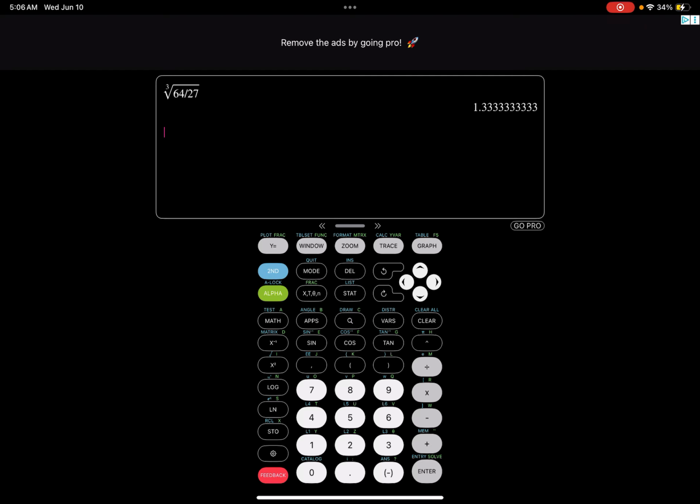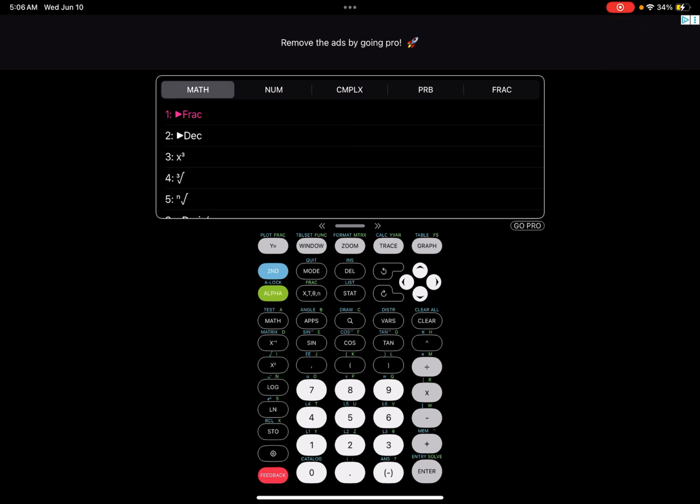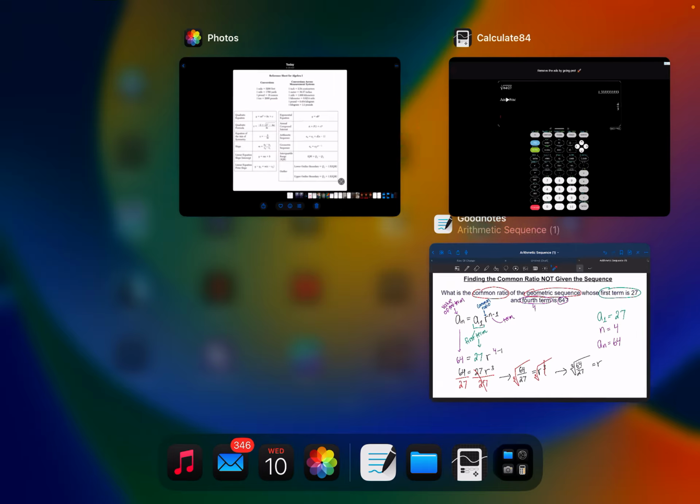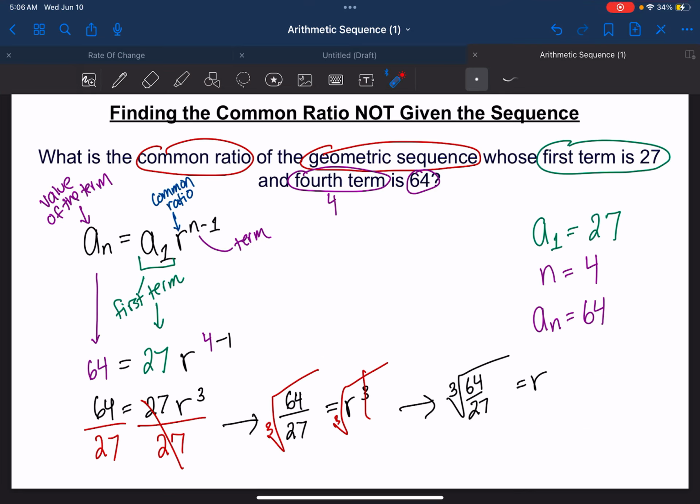So while we're here, let's go over how to put any number into a fraction. Once you have that number on the screen, you click on math. The first option is frac for fraction. Hit enter. And we have 4 over 3. So if we go back here, we now know that r is equal to 4 over 3.